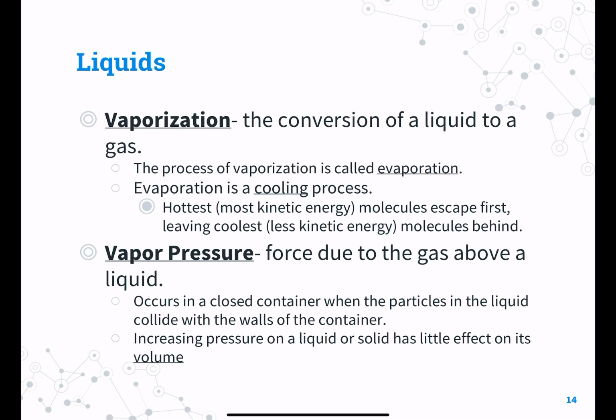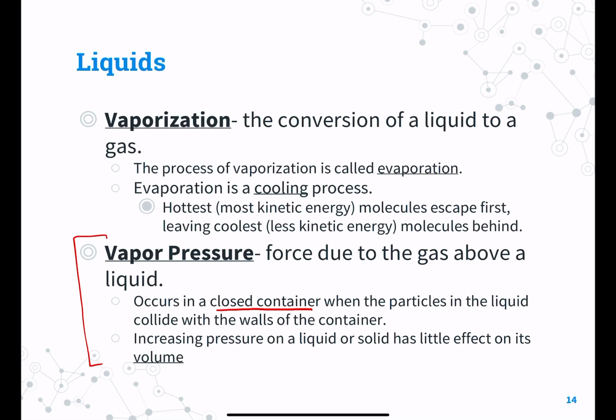So this process, the conversion from a liquid to a gas, is called vaporization. Vapor pressure is the force due to the gas above the liquid. So there is a force sitting on top of the liquid from the gas, and that is called a vapor pressure. Now that's only in a closed container, and it doesn't really affect the volume of the thing. I'm not so concerned that you know that much about vapor pressure, quite honestly.